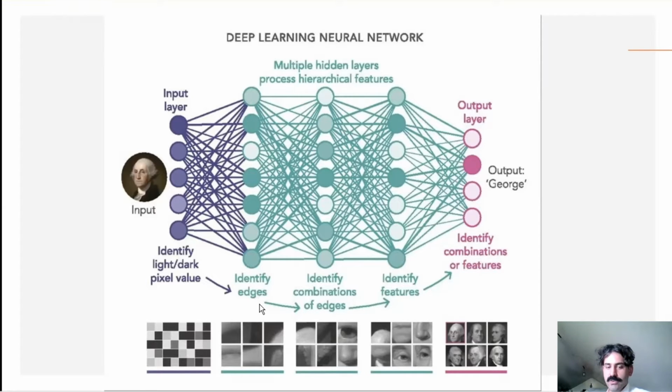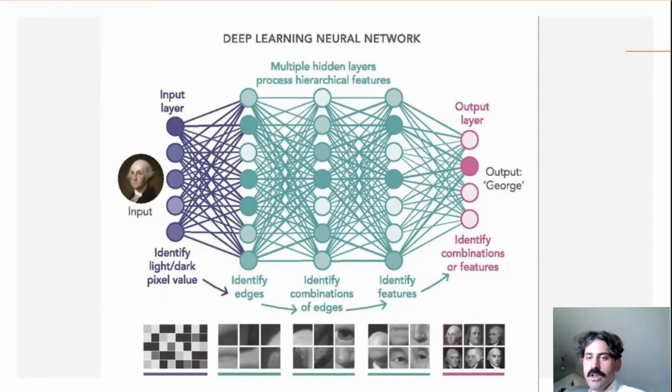Here it says identifying edges, and they're passing the outputs to each neuron in the next layer. And it goes on and on until you get to the final output layer, and then it's making a decision of which is the most accurate, which has received the highest score. It's identifying the combination of features, and it's telling you the output.